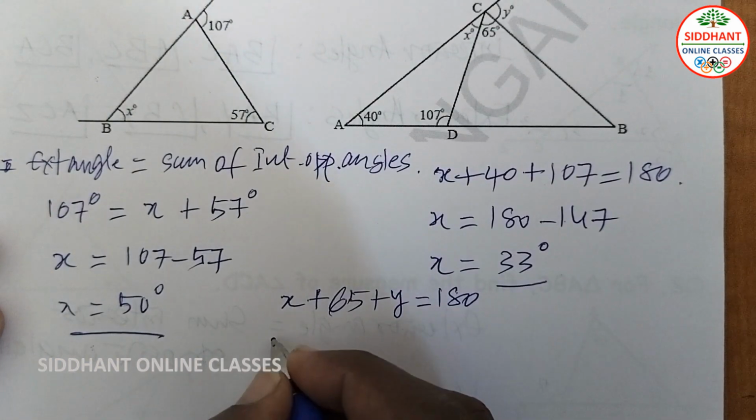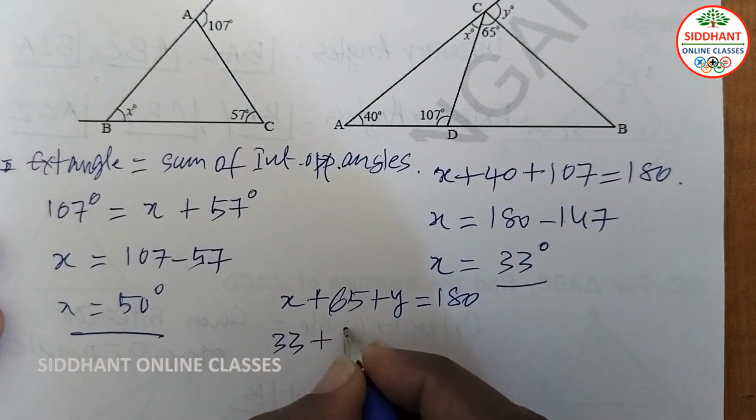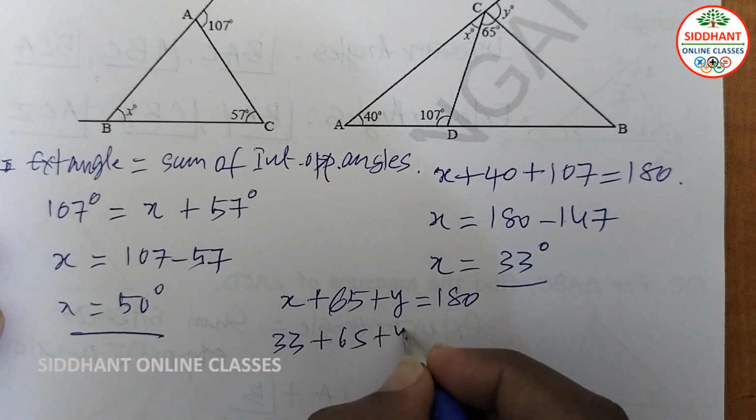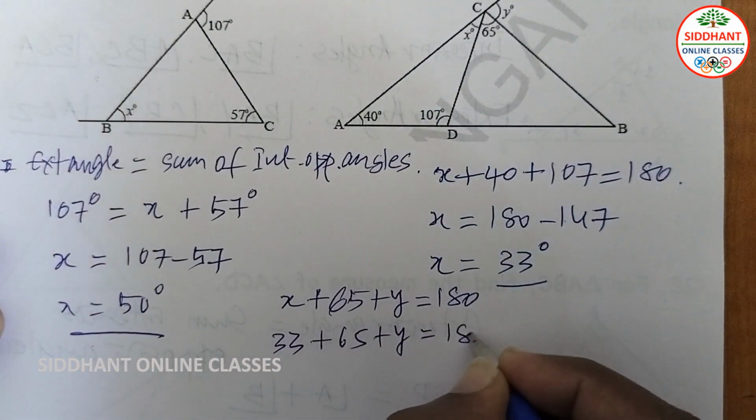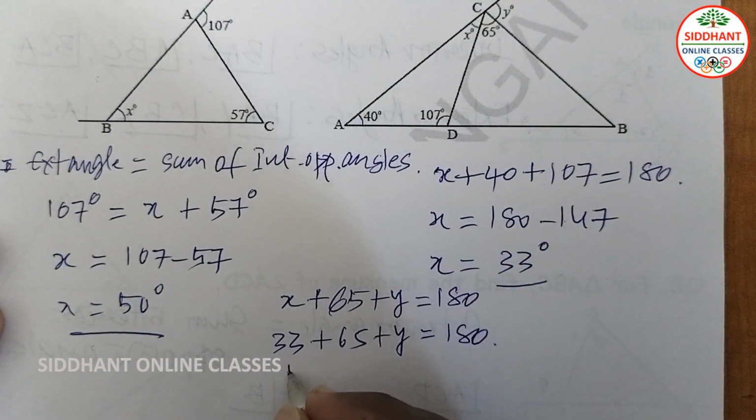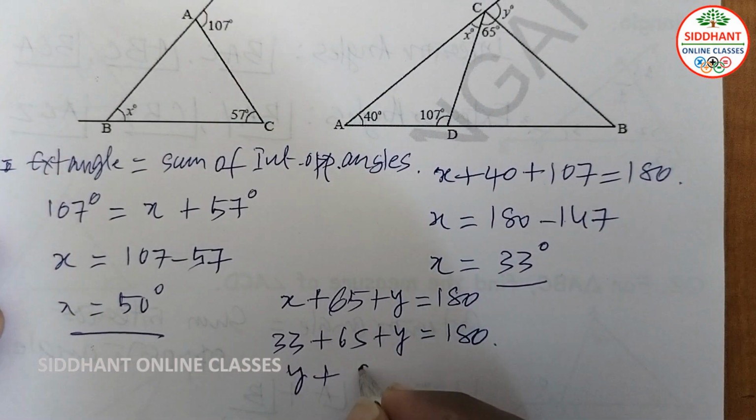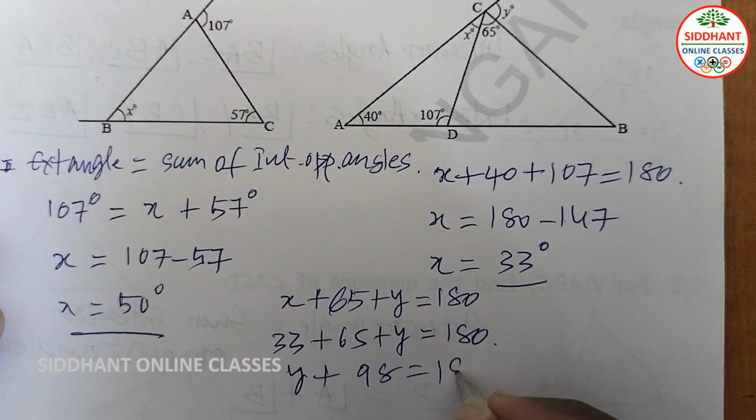X we already found is 33, so 33 plus 65 plus Y will be equal to 180. Then Y plus 98 equals 180.